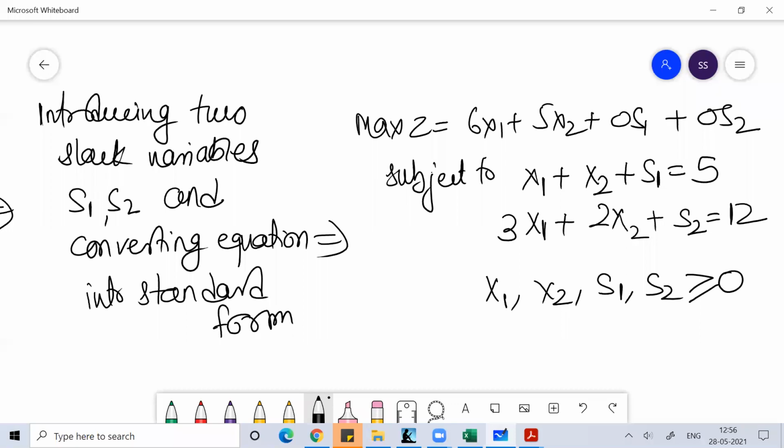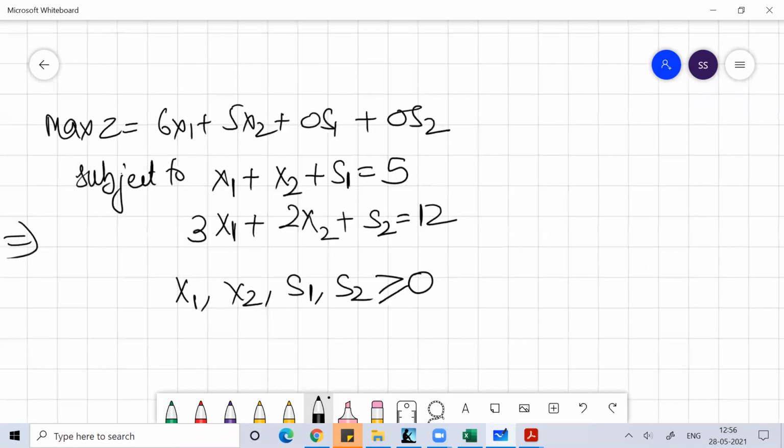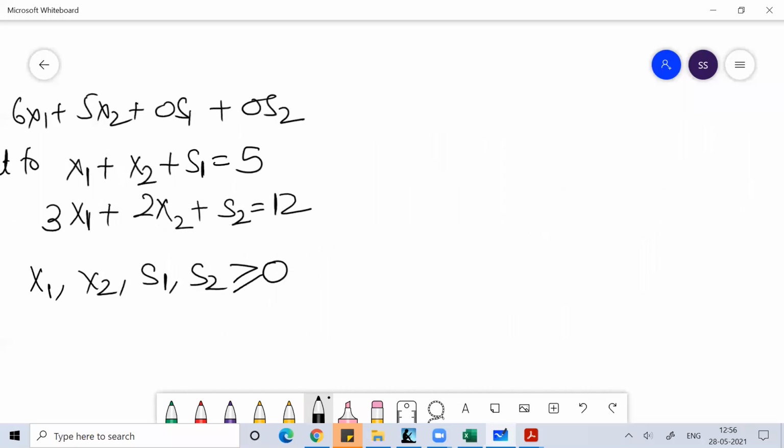So now what you did, you converted them into standard form by introducing the two slack variables s1 and s2. Once you understood how to write them in standard form, now I'll solve this by following the iteration table.